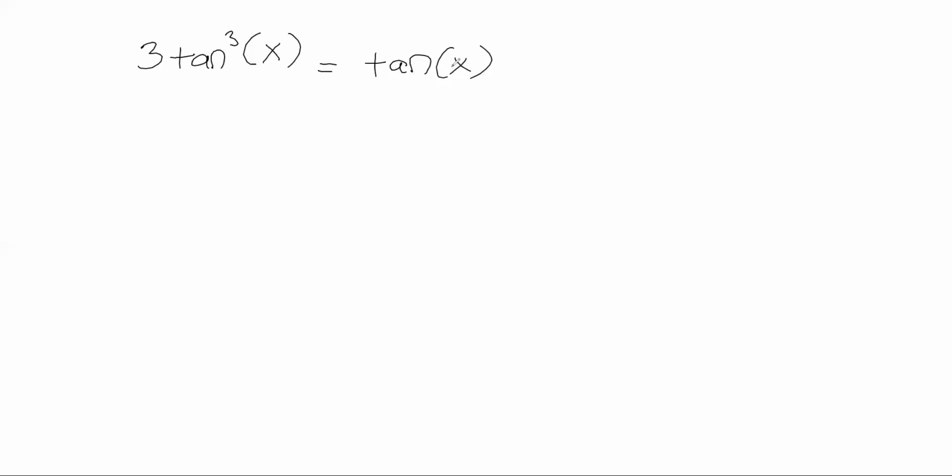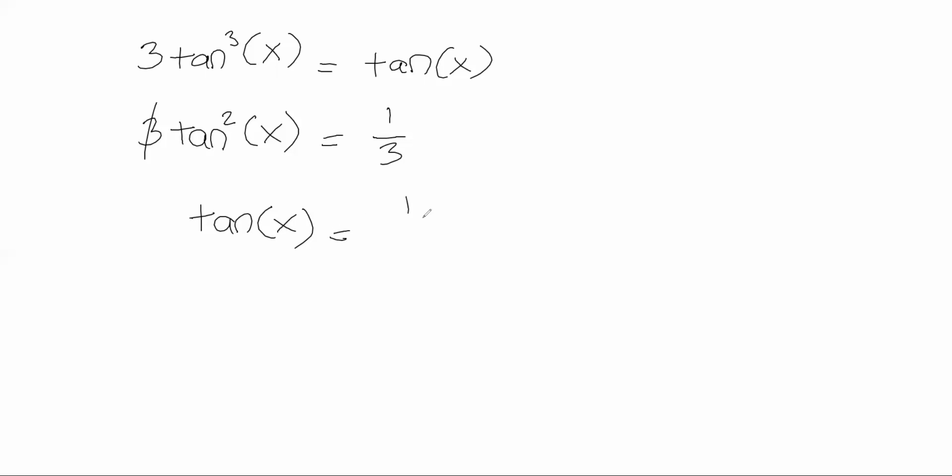All right, but before we do that, we might want to start by dividing both sides by tangent of x. Then we're going to have 3 tangent squared x equals 1. And then we can divide by 3, so we would get tangent squared x is 1/3. And then we can take the square root of both sides, so we get tangent of x is 1 over square root of 3.